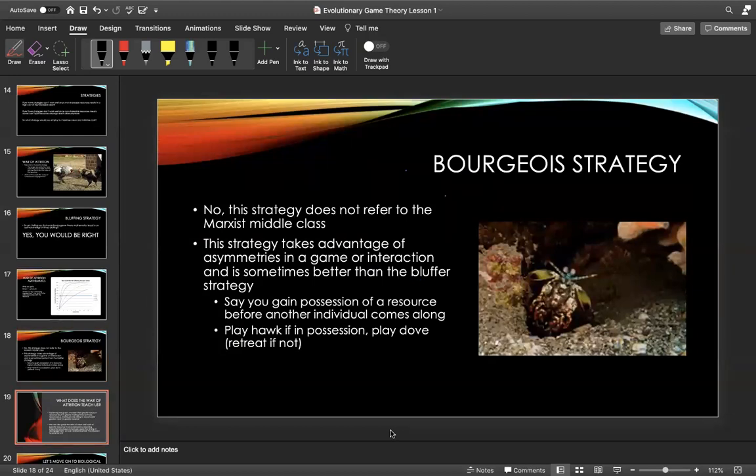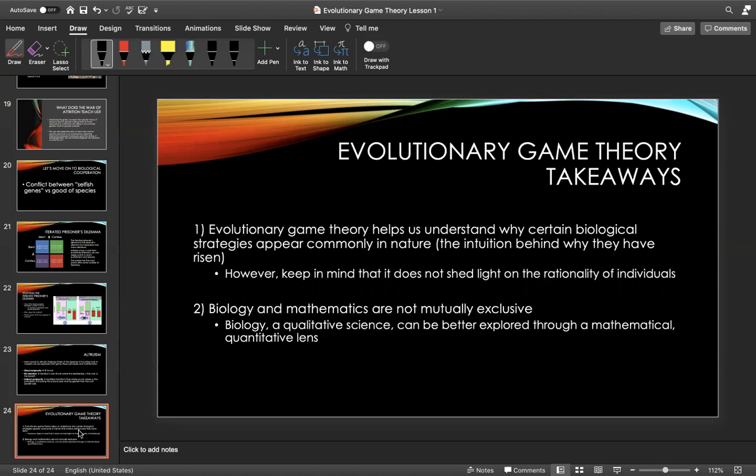And lastly, I just wanted a few takeaways, like what did we learn from all of this, aside from simulations being a great way to envision everything. Evolutionary game theory helps us understand why certain biological strategies appear commonly in nature, especially the intuition behind why they have arisen. And lastly, it shows that biology and mathematics are not really mutually exclusive, because it's really nice to use a quantitative lens in mathematics to explore a qualitative science like biology.